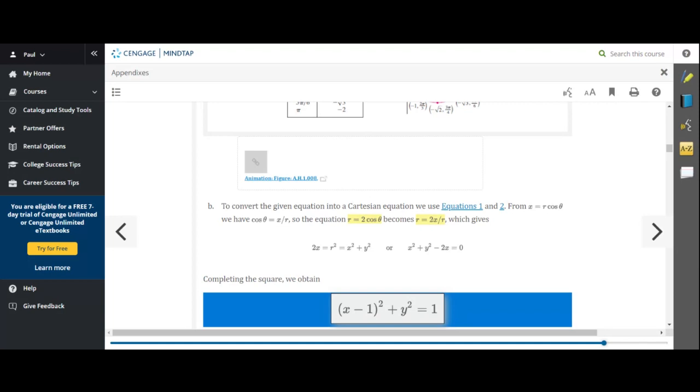Hold on, let me get the whiteboard here. Okay. You have x squared plus y squared minus 2x equals 0.